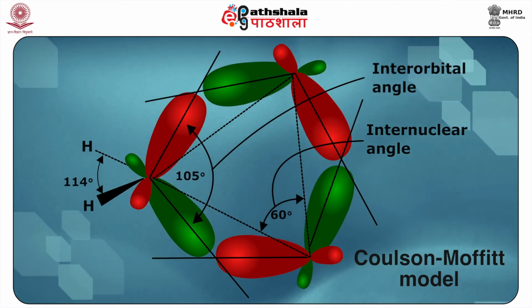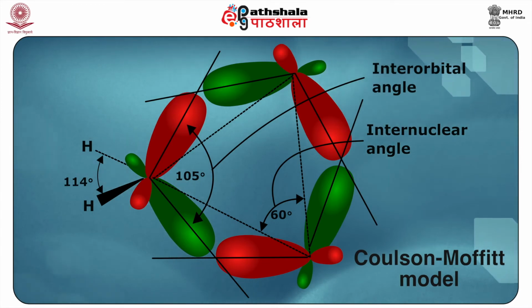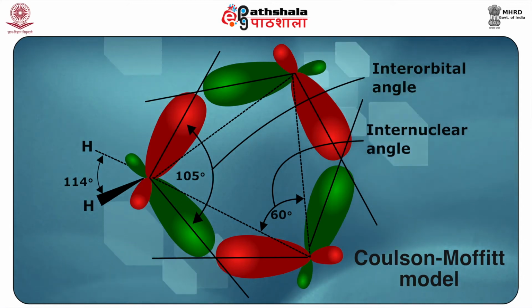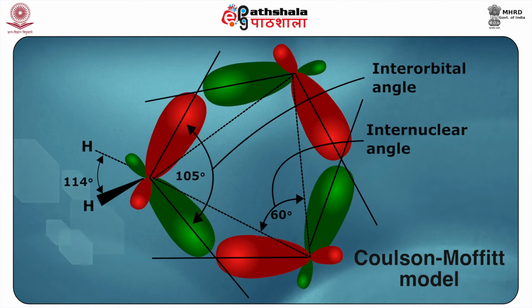This was given by Coulson and Moffitt as the Coulson-Moffitt model, wherein the carbon-carbon bonds are bent towards outside so that the interorbital angle is 104 degrees, which consequently reduces the level of bond strain, because had it been 60 degrees, then it would have been an even larger strain.